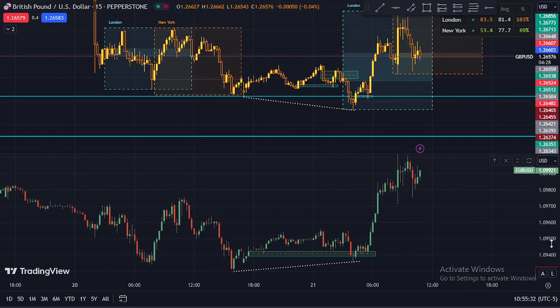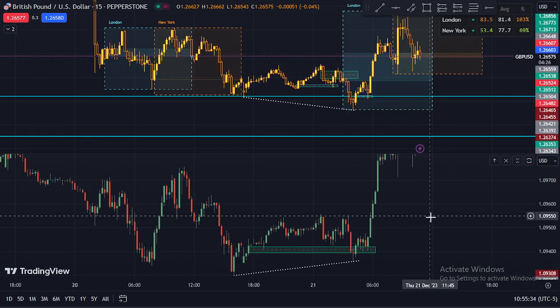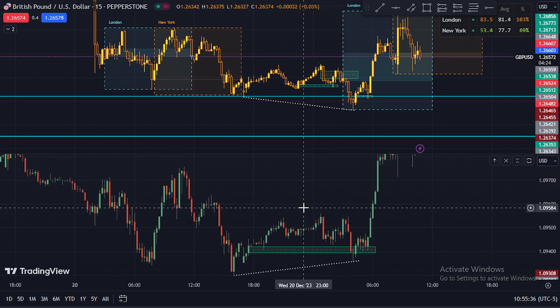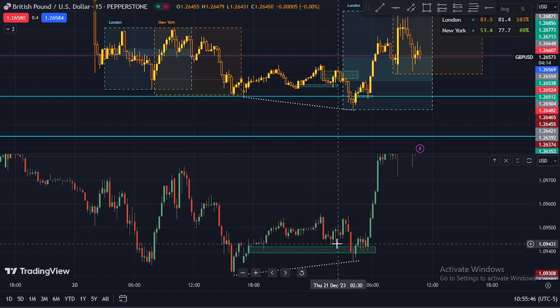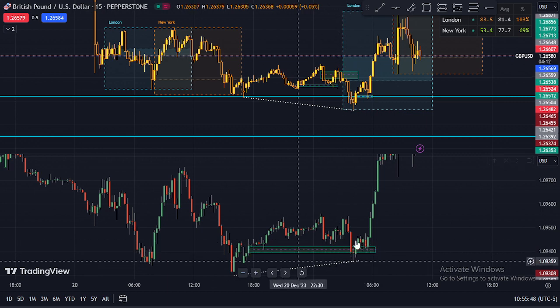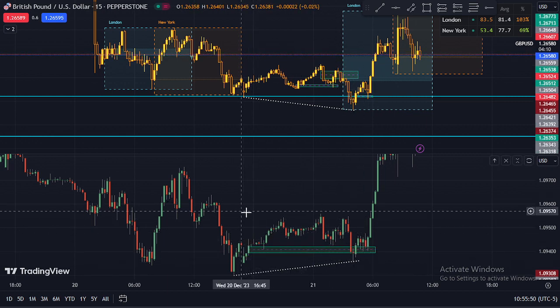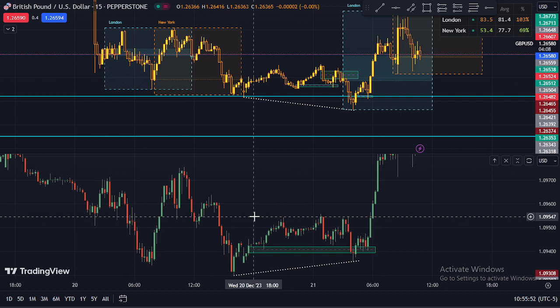So whenever you see an SMT divergence based on a higher time frame, maybe something like a 15, 30, 45 minute, 1 hour, 4 hour, just based on a higher time frame, then you should know that that should act as one of your confluences as to why you should enter that trade.